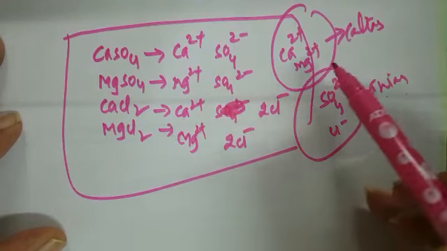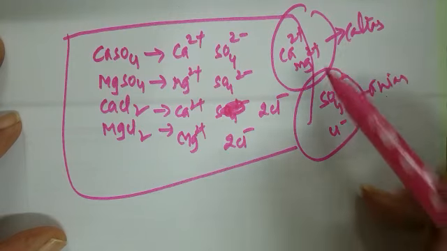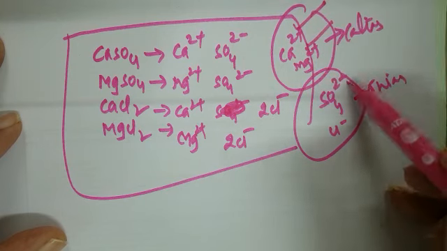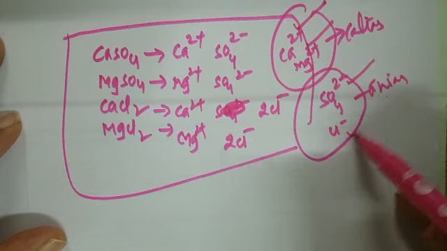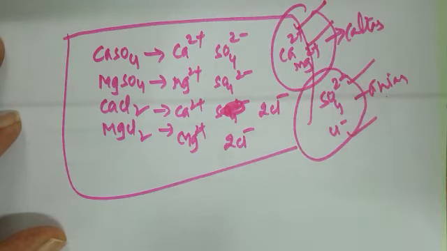Overall, in hard water two cations and two anions are there. Cations are Ca2+, Mg2+. Anions are SO4 2-, Cl-. So we have to remove these cations and anions.